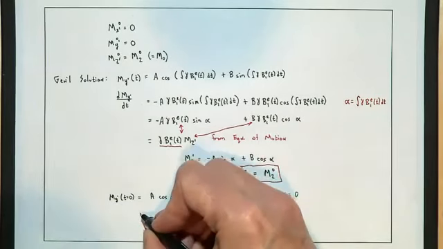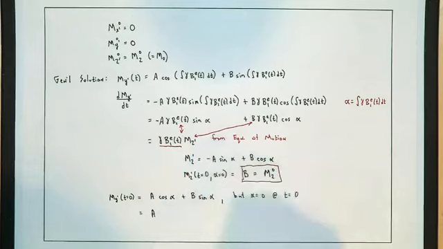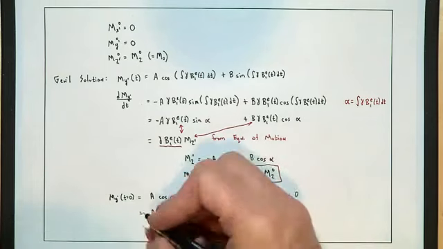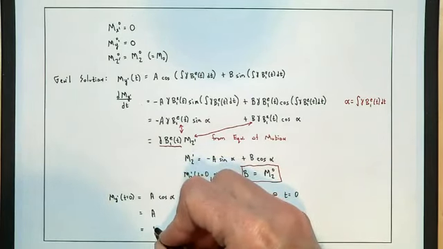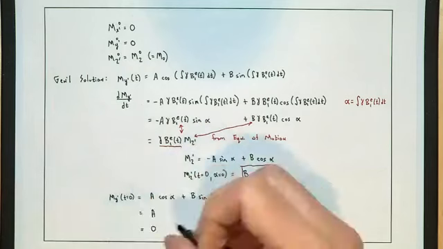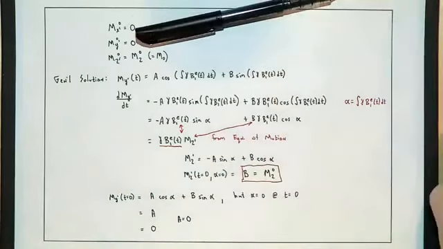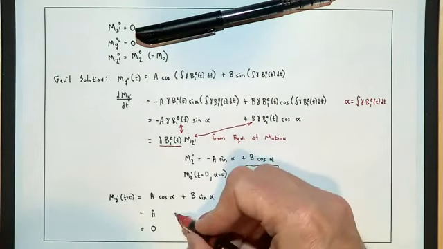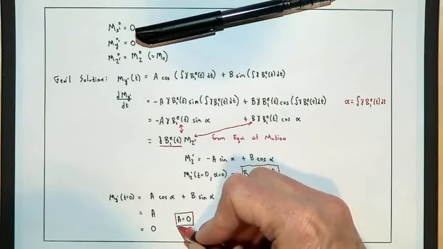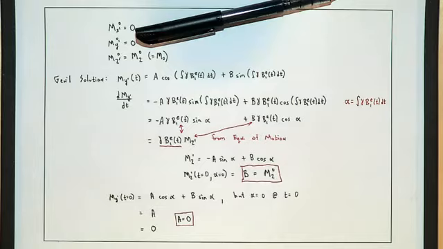And so we just again recover that we have a, because sine of 0 is 0, cosine of 0 is 1. And per our initial condition, this has to be equal to 0. And so we just get a equals 0. We don't have any initial y magnetization. That was the initial condition that we chose.